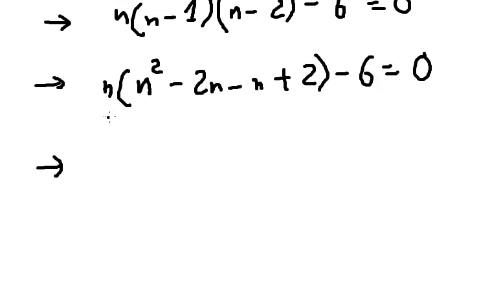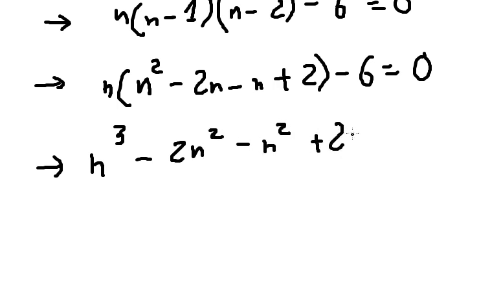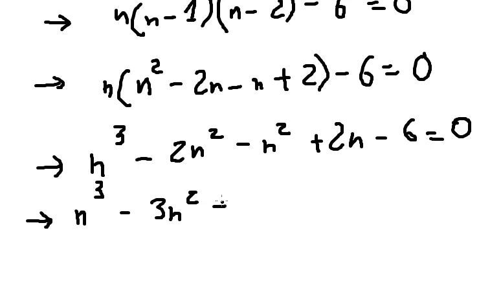And now we have n multiplied by this one, and this one. Now we need to simplify, and we have n to the power of 3 minus 3n squared plus 2n minus 6 equals 0.